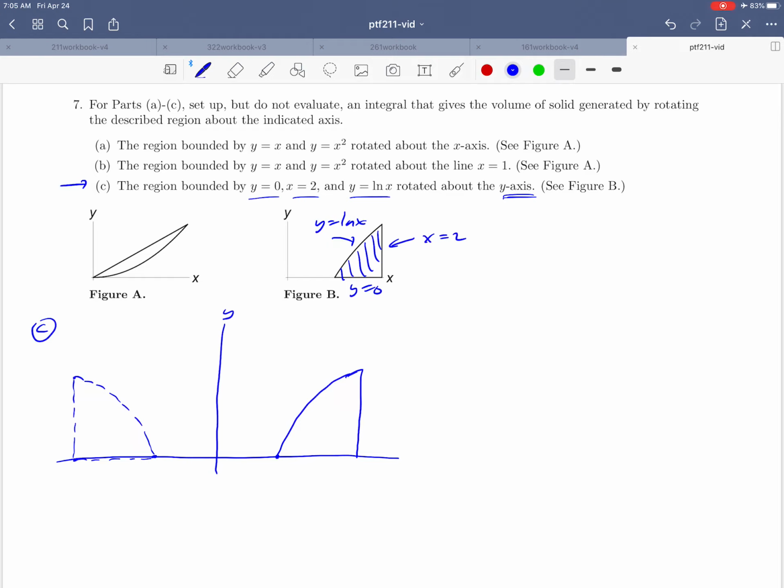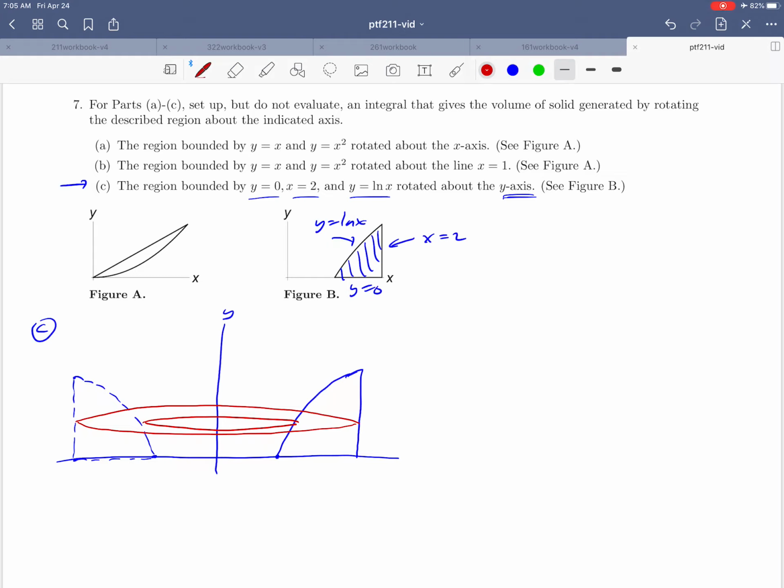All right, and as we did in parts A and B, we want to slice this region by slicing perpendicular to the axis of rotation. So if we do that, that means we're going to be slicing left to right in this case. We're going to get a big washer type of a shape. Okay, that looks like that.